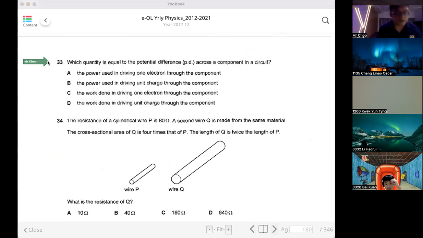Okay, 33 should be simple. How Ray, well done. Yiting, incorrect. Do you need me to explain the formula of PD? PD is what over what?